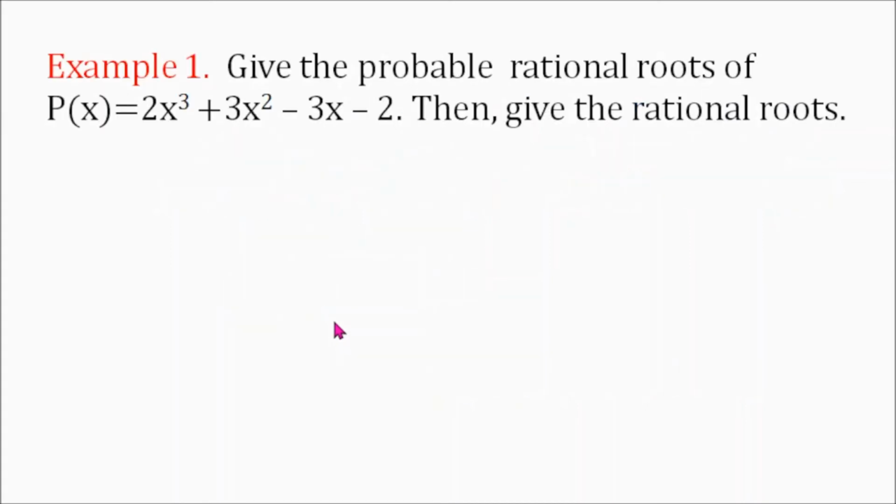Now, how does this rational root theorem work? So we will have an example. Give the probable rational roots of p of x equals 2x cubed plus 3x squared minus 3x minus 2. Then give the rational roots.